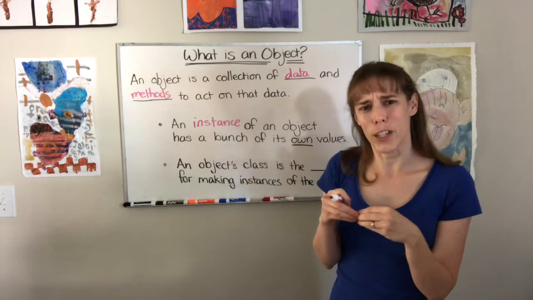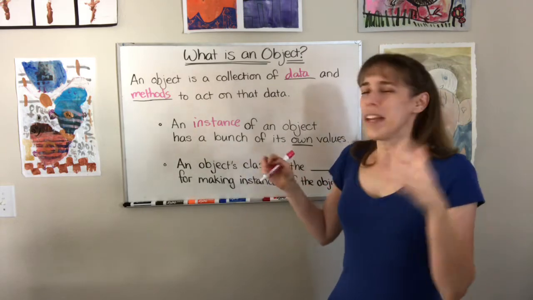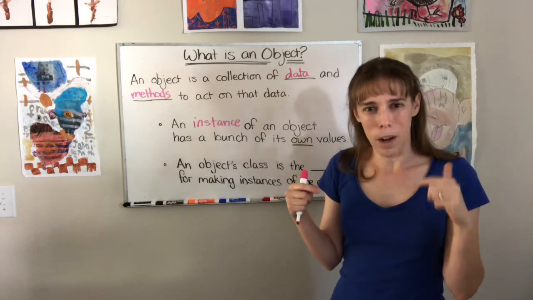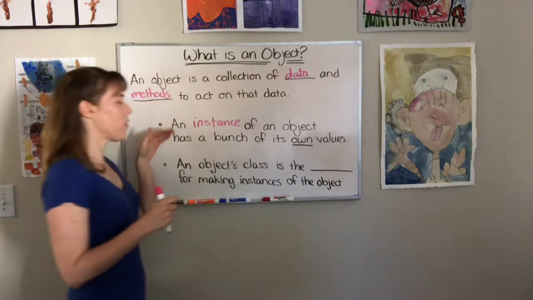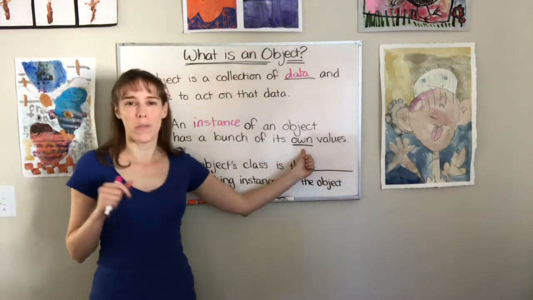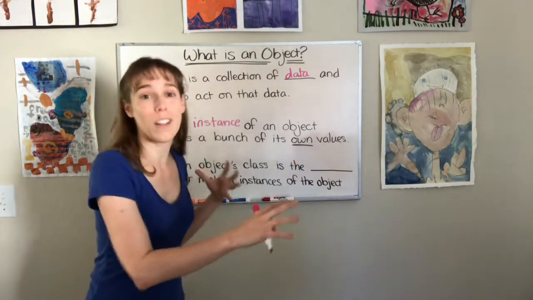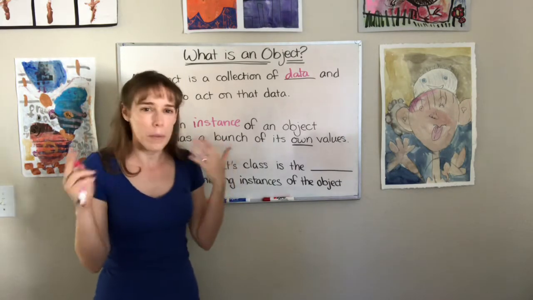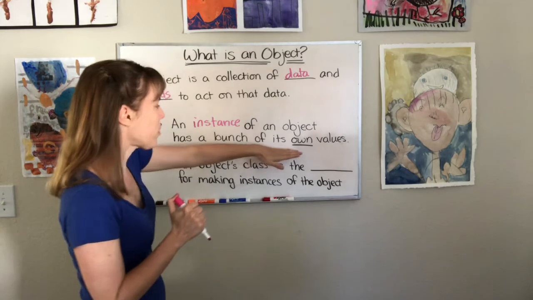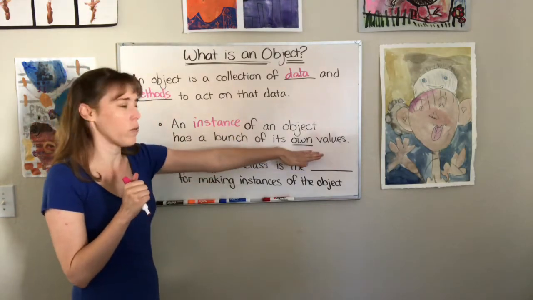I think they named it Chicken. Anyway, each one of those Jabberwock objects that you created is a new instance of an object. So an instance of an object has a bunch of its own values. One has super long claws, one has super bright eyes, one has super short claws, one somewhere in the middle, okay? Each instance has its own values.